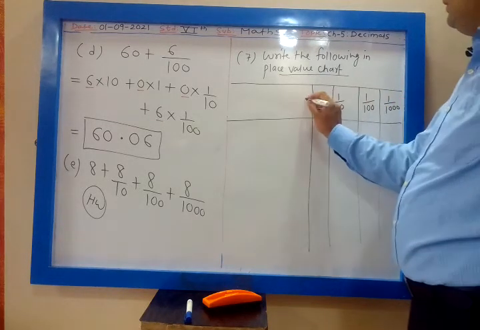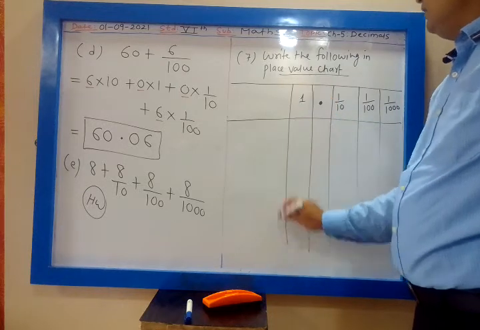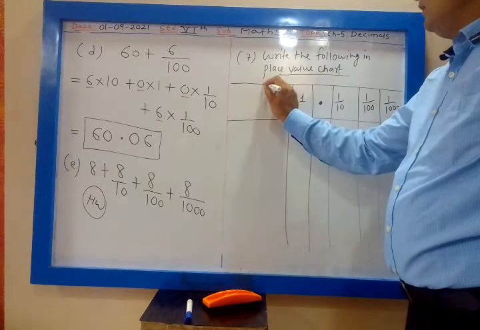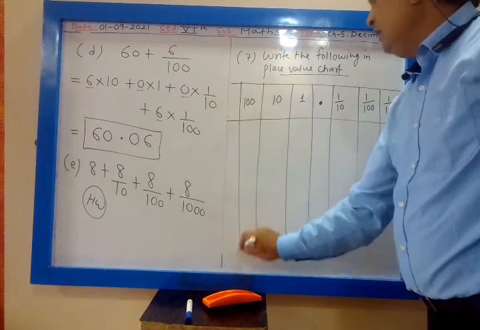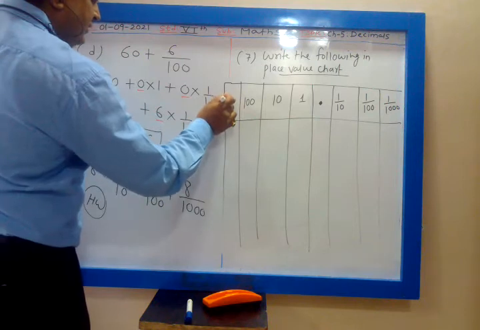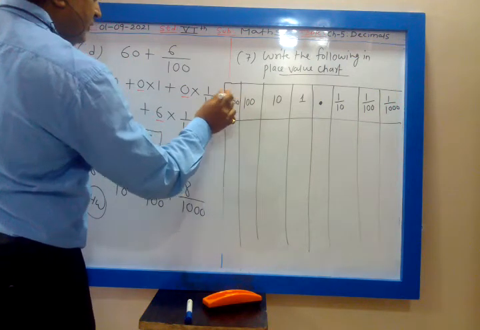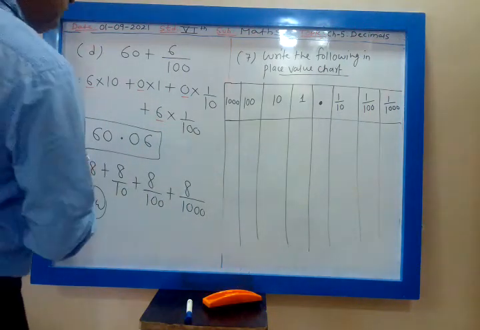Then on this side we have ones, then tens, then hundreds, then thousands. Make this table, and we will solve all the problems together.